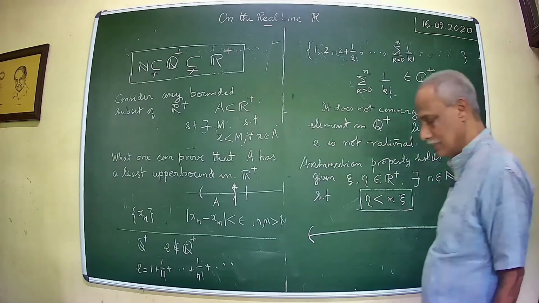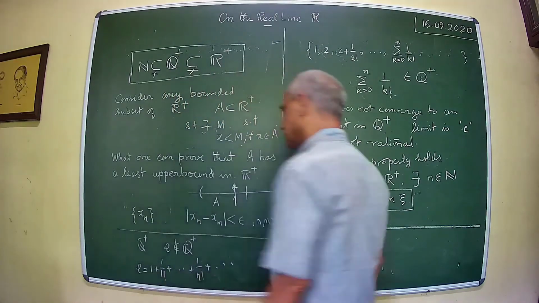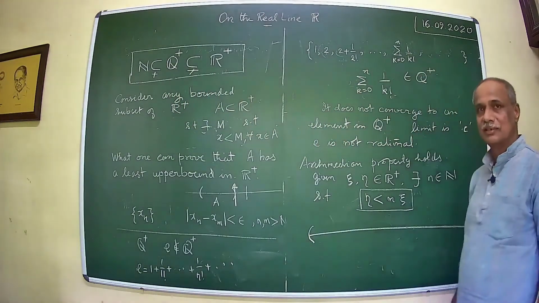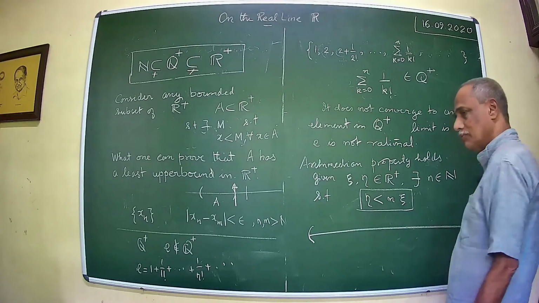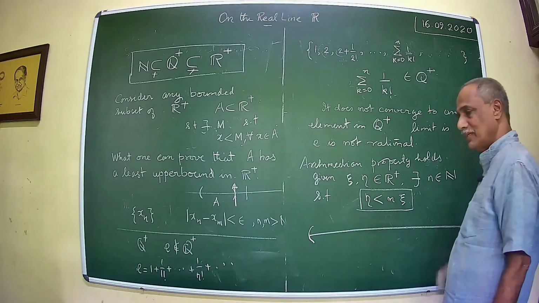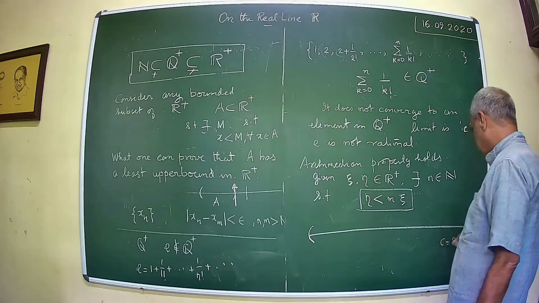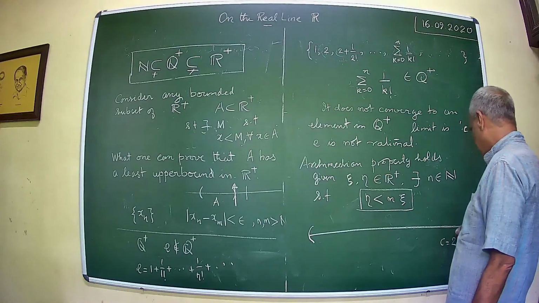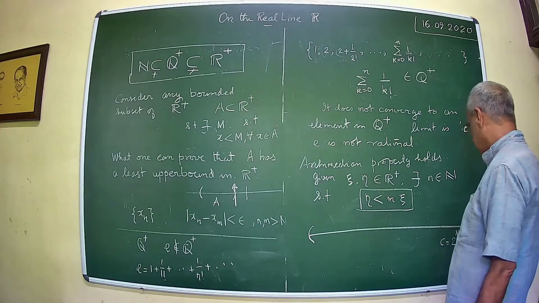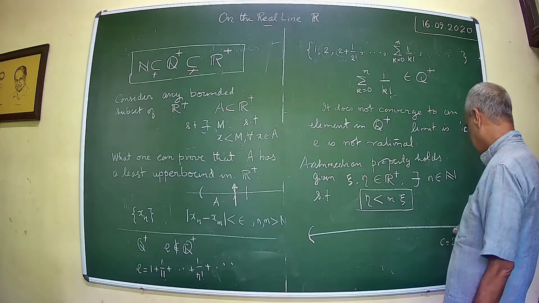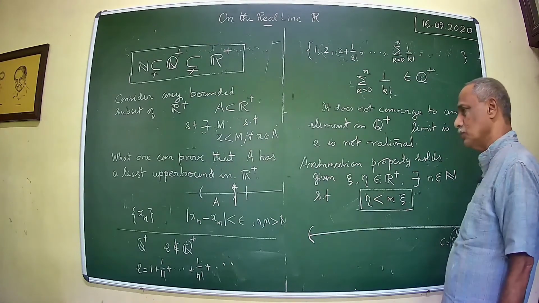You can show that the cardinality of Q plus is aleph naught, whereas that of R plus is c. c is in fact 2 to the power aleph naught. So this is certainly the continuum, that's why c is used.